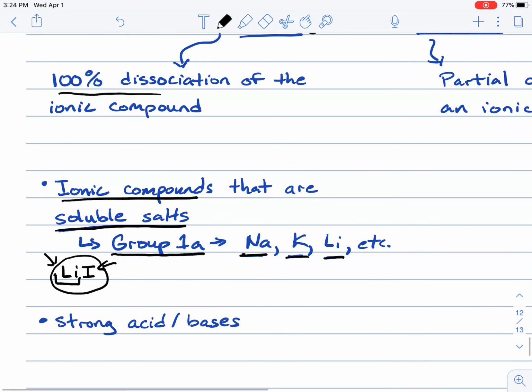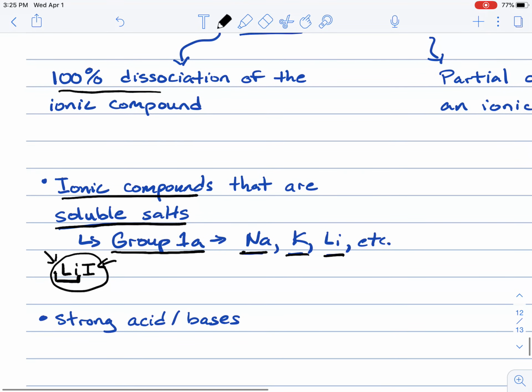Because lithium is soluble according to your solubility rules, we know that if you put lithium iodide in solution, it's going to decompose into lithium ion and iodide ion. And because the positive charge and the negative charge are present, you know that the solution is going to be able to conduct electricity.